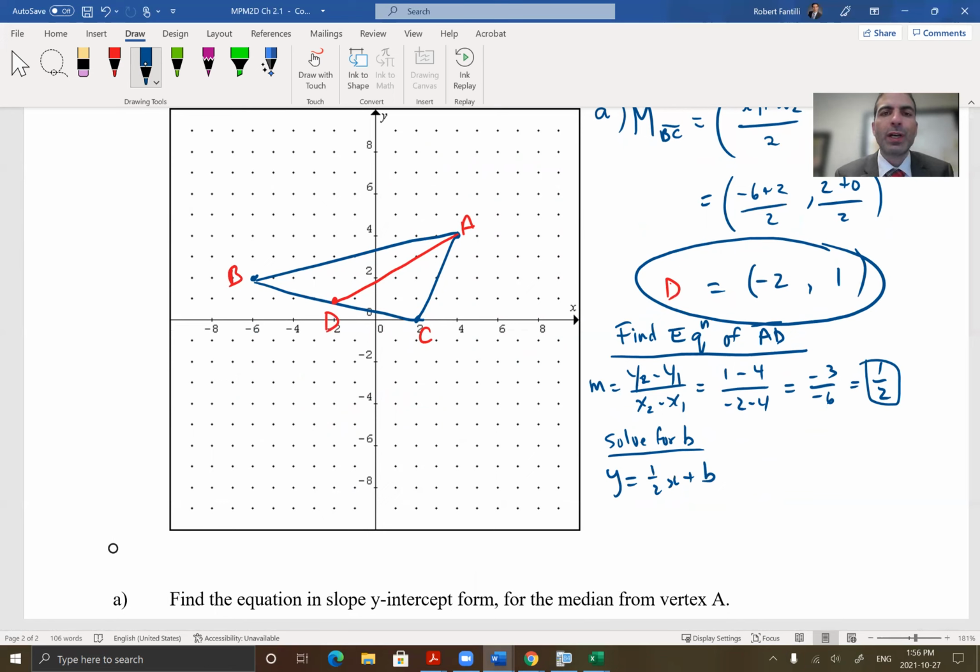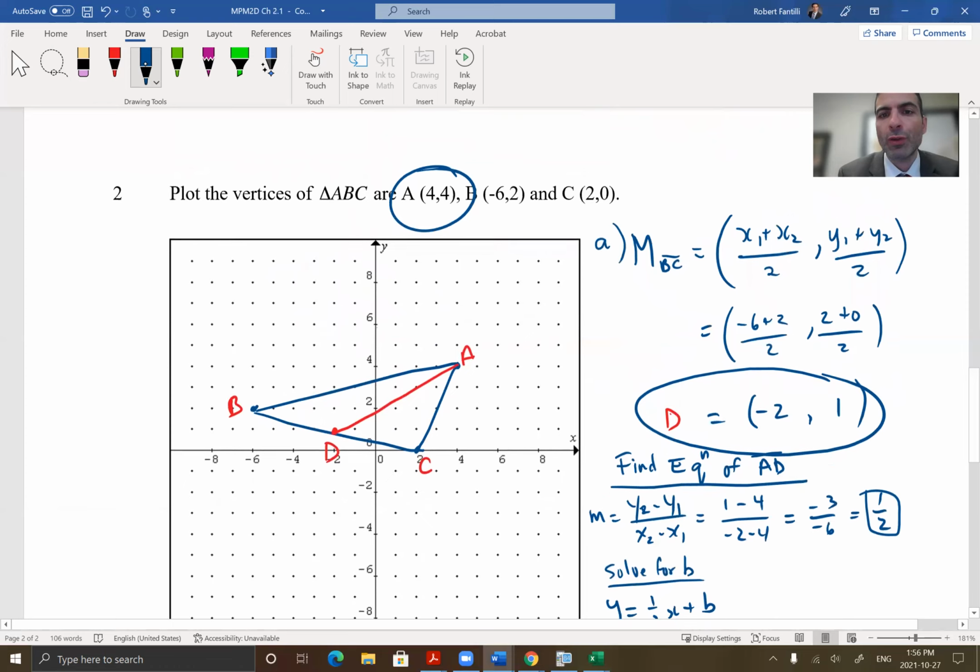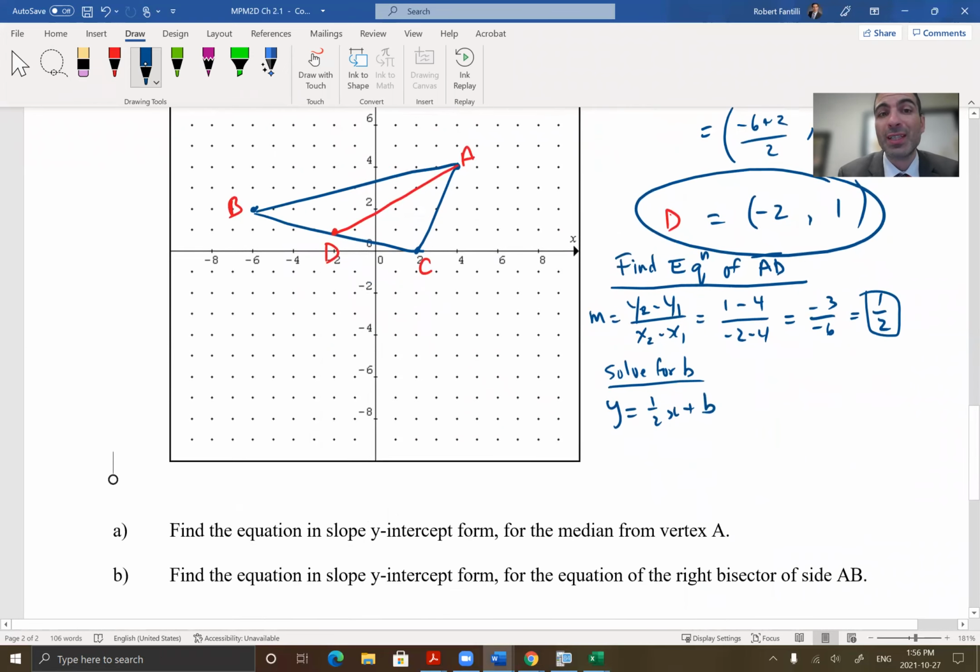And remember, to find the y-intercept, you just need to know one coordinate that will allow you to find the y-intercept, right? Because it puts you on a specific trajectory. There's an infinite number of lines that have a slope of 1/2, but only one of them is going to pass through the point 4, 4, or through the point -2, 1. In this case, we have both. It passes through 4, 4 and -2, 1. 4, 4 seems like a really easy one to sub in.